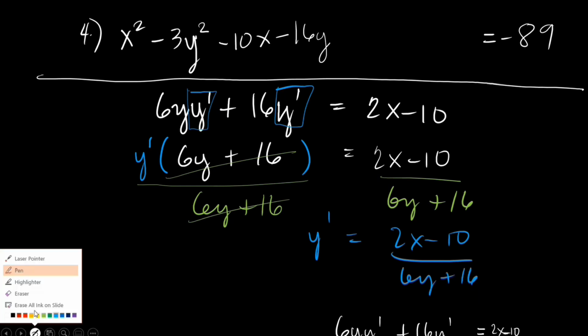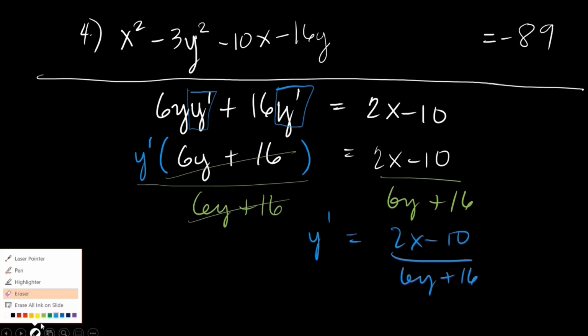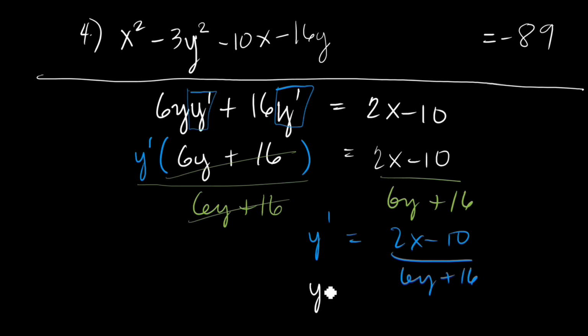As you can see on the right side, it can still be simplified since all the terms are divisible by 2. So we have y prime equals, let us factor 2 and 2. On the numerator, we do have x minus 5. On the denominator, we do have 3y plus 8.